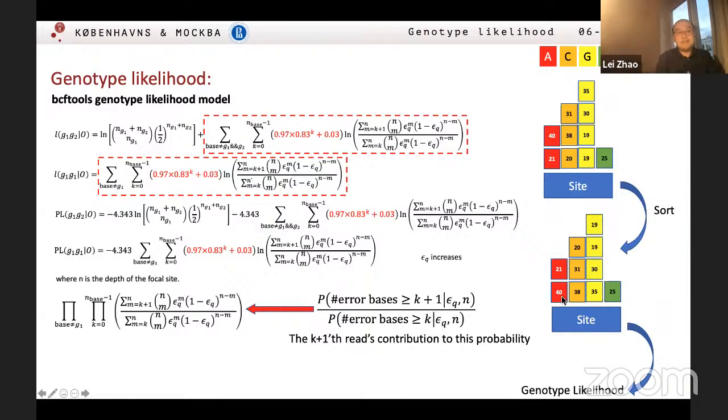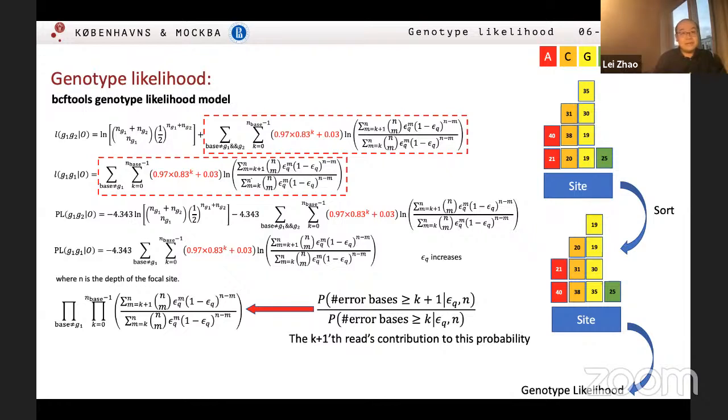So basically, this is the best A, and this is the second best A, and this is the best C, this is the best G, and this is the best T. And according to this, we calculate this kind of value because the order matters here. And this is only one method; the model actually just uses the raw base calling error to calculate the genotype likelihood.